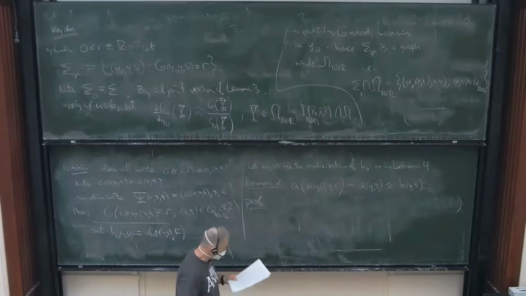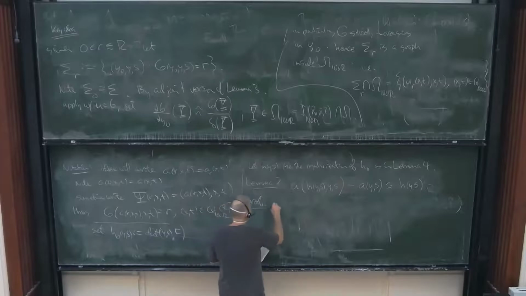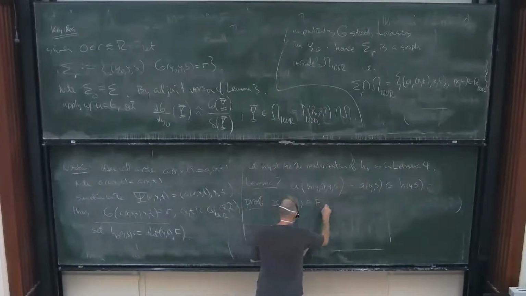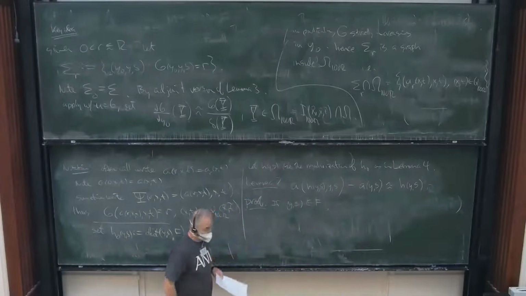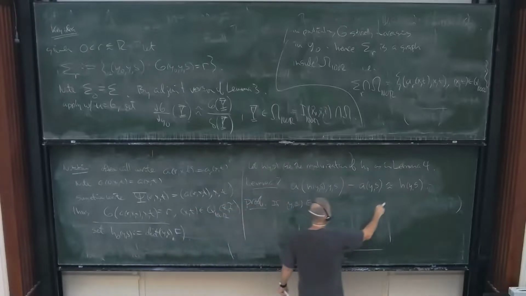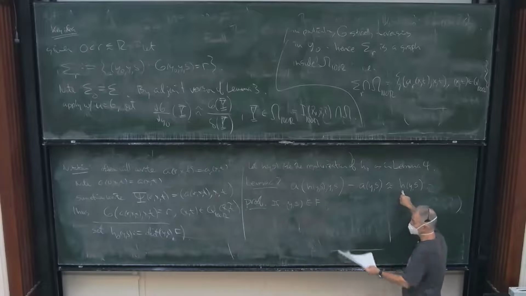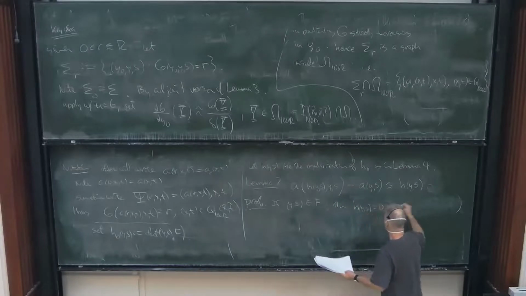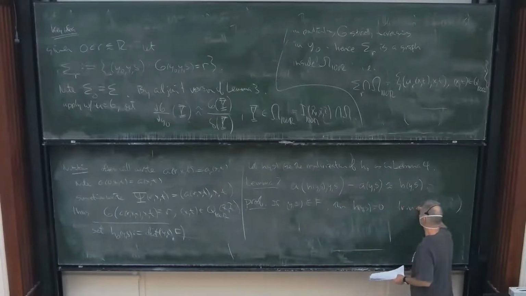I think I'll have time. So first of all, notice that if (y, s) is in F, then remember h is comparable to h naught, which is the distance. So then h of (y, s) equals 0, and the result is trivial.